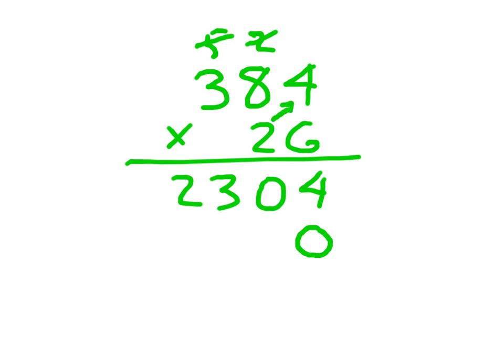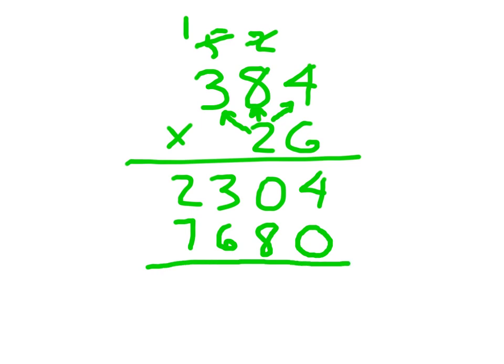Again, we go step by step. I'm going to draw my little arrows there just to remind you. 2 times 4 first, which is 8. 2 times 8, which is 16. 6, regroup the 1. And 2 times 3, which is 6, plus 1, which is 7. And what do I do with those two numbers? Right, I add them. Now, look at all this work that we've gone through at this point just to figure out the product of 384 times 26.